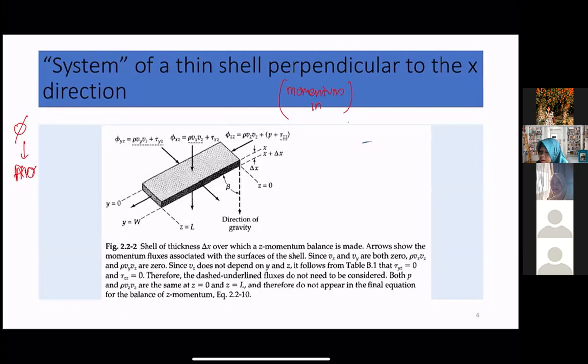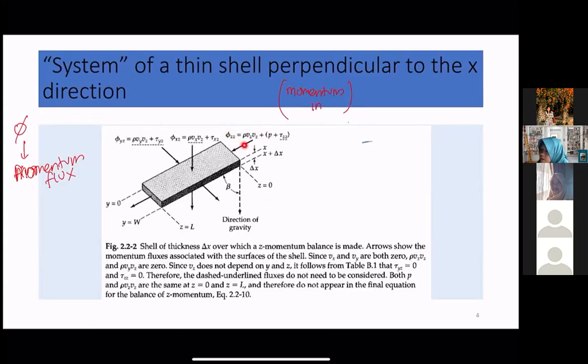It's called momentum flux. If we want to calculate the momentum balance, we have to calculate it with the area that is perpendicular to the direction of the momentum.